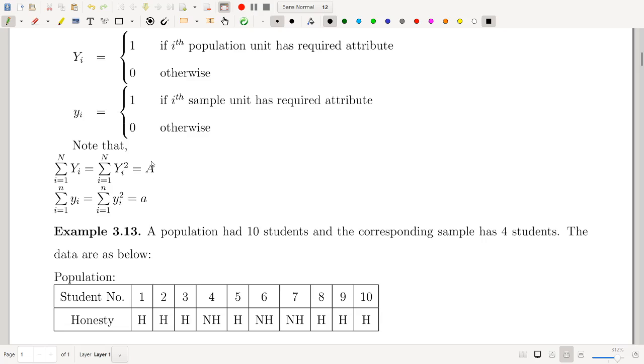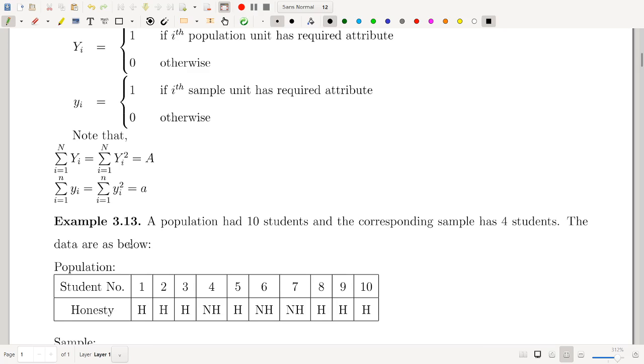This will be your capital A. Similarly, if you take summation i running from 1 to small n, small yi also takes value 1 and 0, so summation of small yi is the same as summation of small yi square. And this will be your small a.